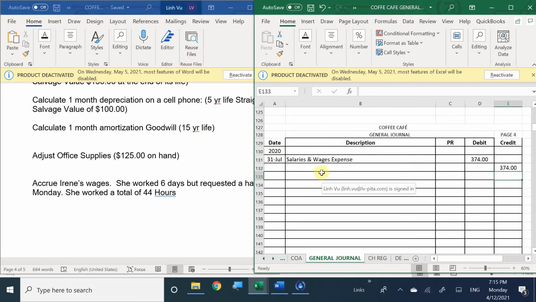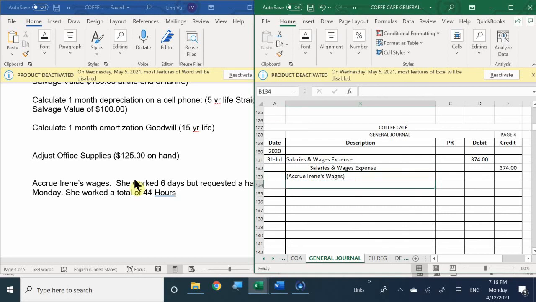And of course, because we're just accruing it, we're not paying her yet, so therefore we're going to owe her this salaries and wages expense for the $374. And I'm going to write here that this was to accrue Irene's wages.